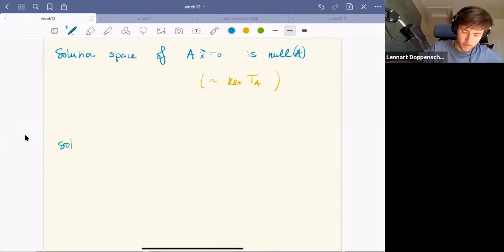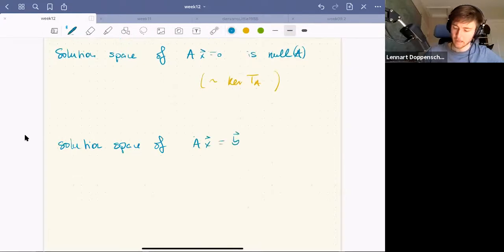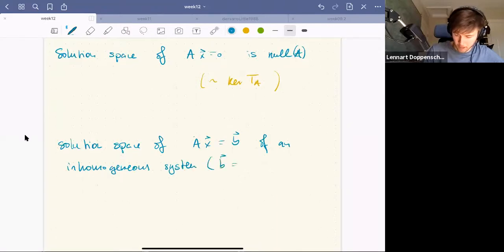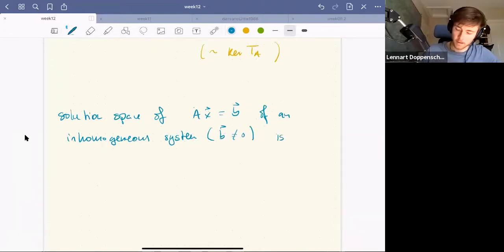The solution space of Ax equals b, of an inhomogeneous system, meaning that b is not equal to 0, is given by S, which consists of y in Rn such that y is equal to x0 plus x.